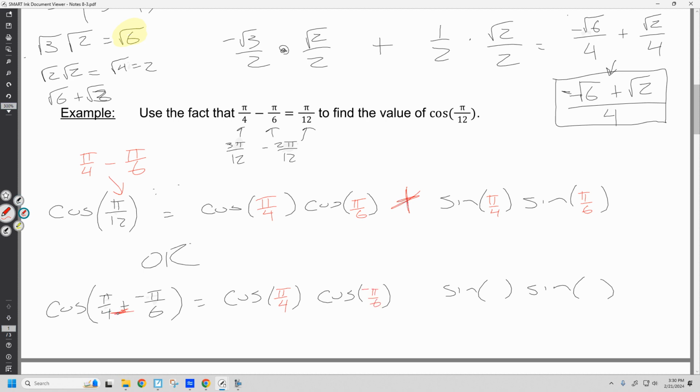This plus turns into a minus. You're going to get the same result. Whether you keep both angles positive and flip your subtraction symbol into an addition, or you change it to plus and negative, you still have to flip your symbol, but your angles are the opposite. Get your answer, get it simplified.